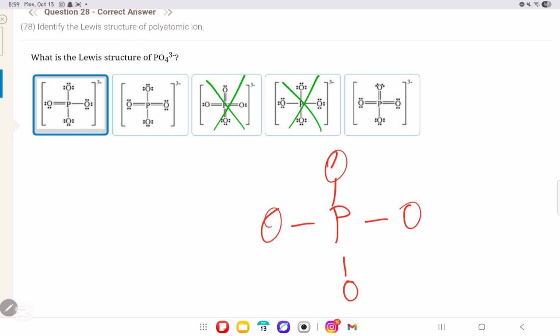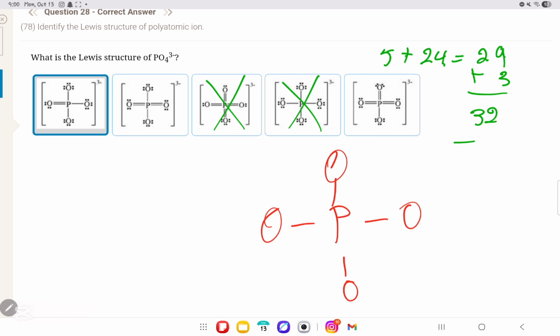Now, we start with the Lewis structure. It's gonna be P. P is in which group? P is in group 5. Plus 6 times 4, which is 24. Because oxygen in group 6, 4 oxygens. That's gonna be what? That's gonna be 29. Now, we have minus 3, so we're going to add 3 electrons. That's going to be 32.